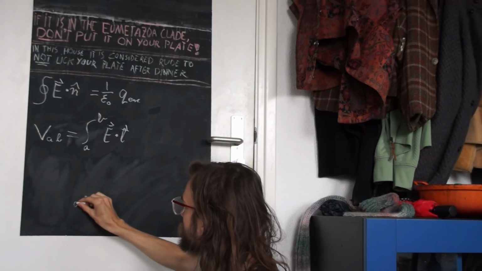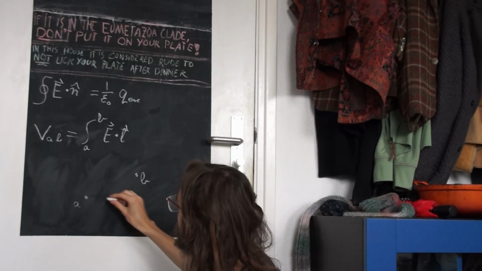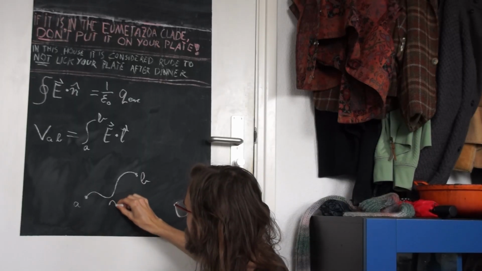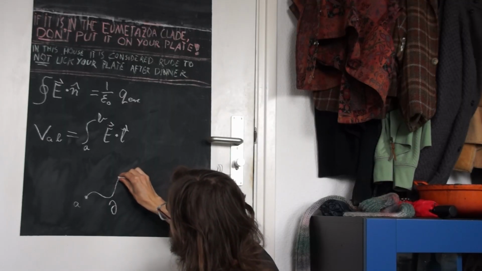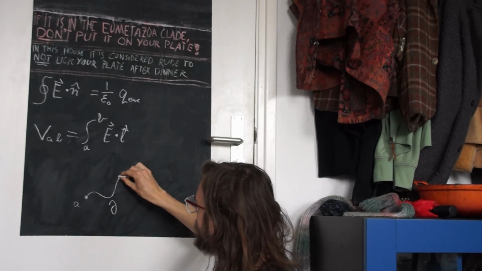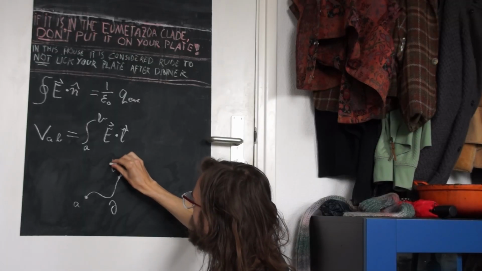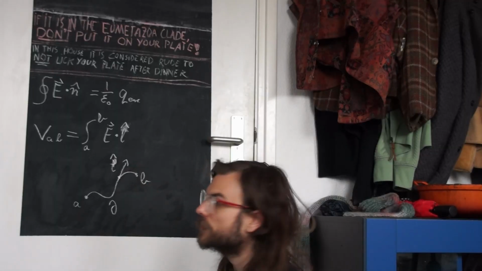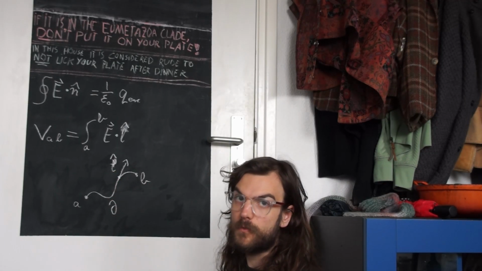If you have a point in three-dimensional space, A, and another point B, then you can draw some kind of path between them. We typically call this path gamma. For these integrals we need a parameterization of gamma, and every point is going to have a little tangent vector, and that is L. Or I should call it L hat, because just like the normal vector, this tangent vector is normalized, meaning its length is 1.